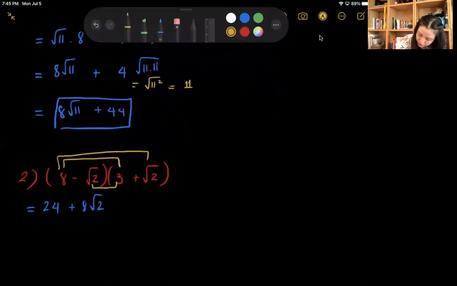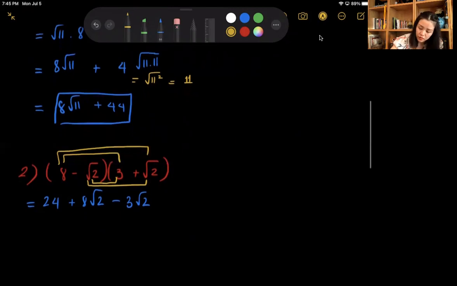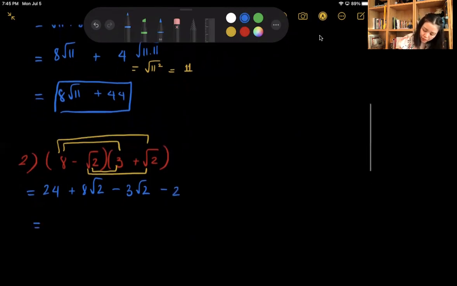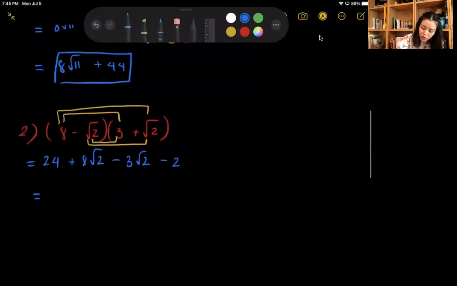Inner term, negative root 2 times 3 is negative 3 root 2. And last, negative root 2 times root 2 is negative root 4, which is 2, so minus 2. 24 minus 2 is 22.